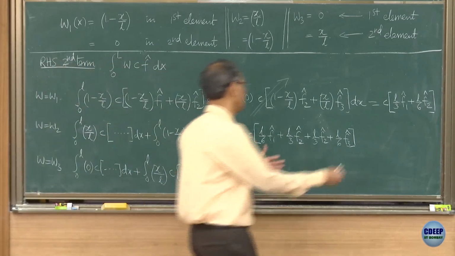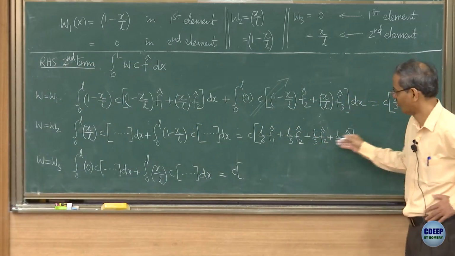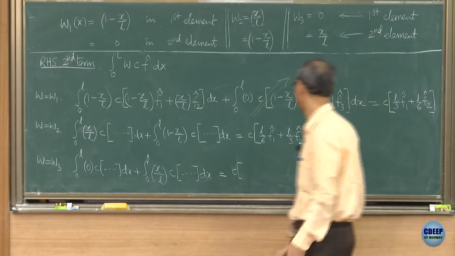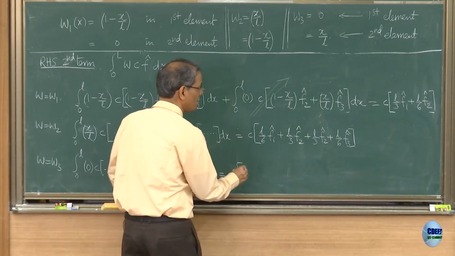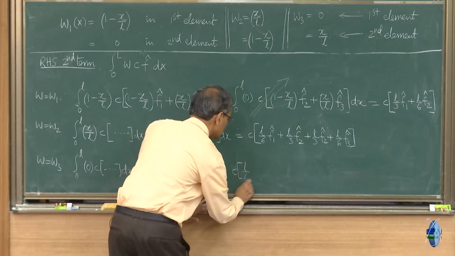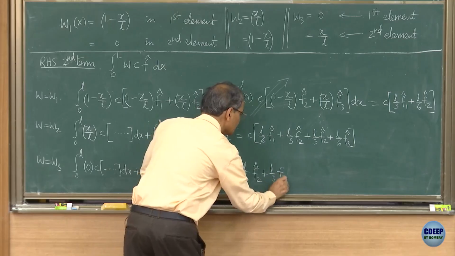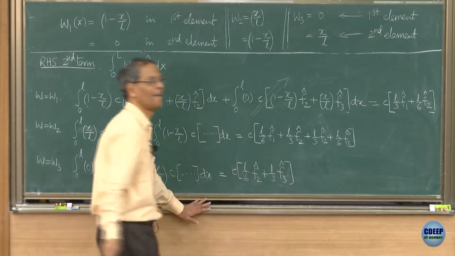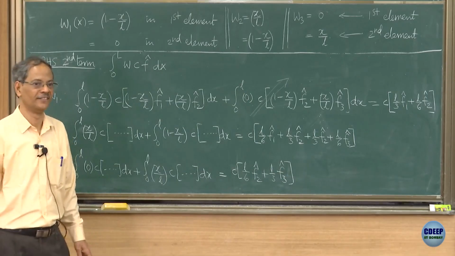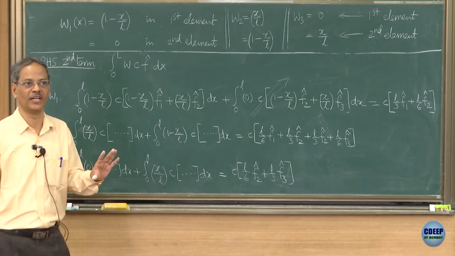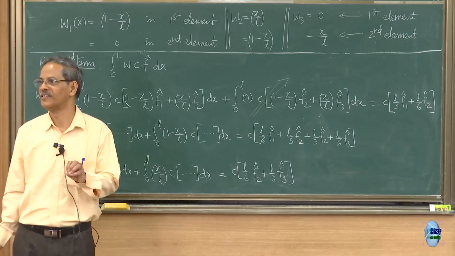If these are correct, assuming that these are correct, what would this third term be? L by 6 F2 plus L by 3 F3. Okay. If somebody got anything different, please alert us, tell us right now.